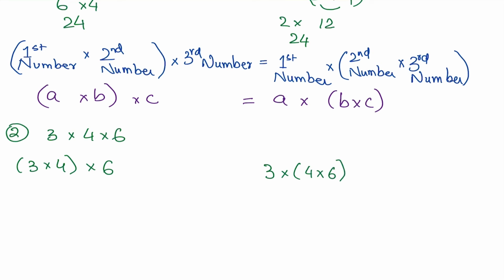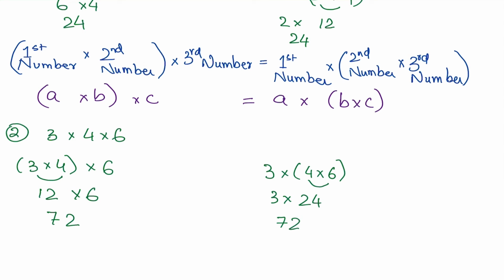Now let's solve each of these one by one. So 3 times 4 is 12. 12 times 6 is 72. Here we have 4 times 6 is 24. And then 3 times 24 is 72.